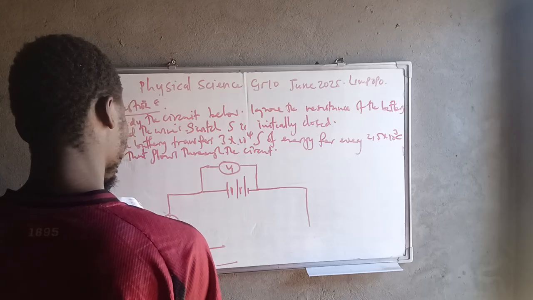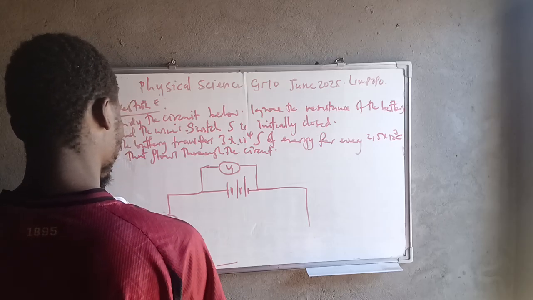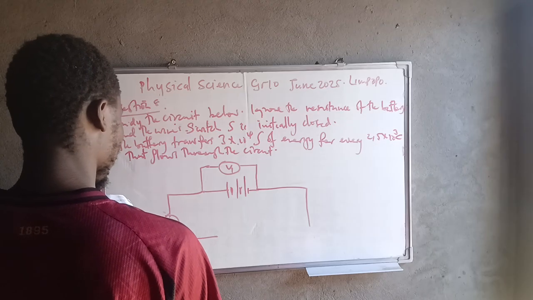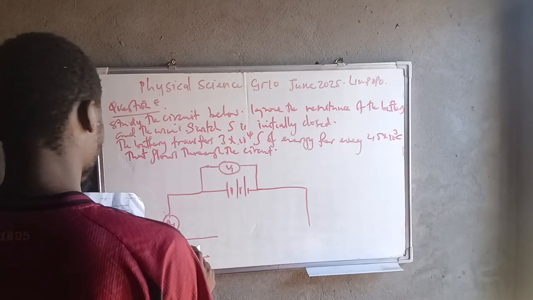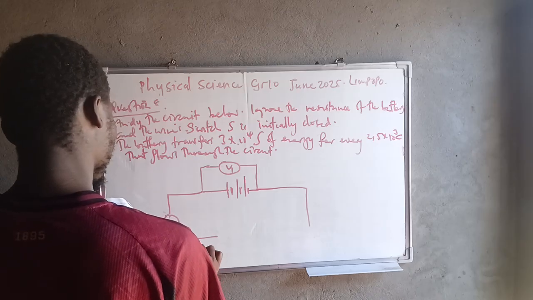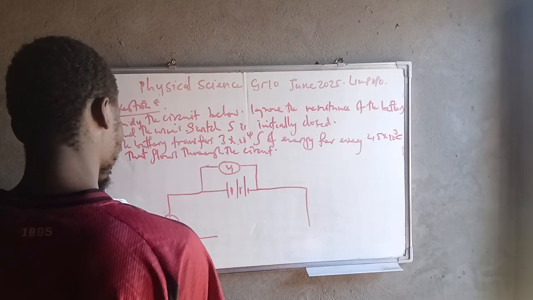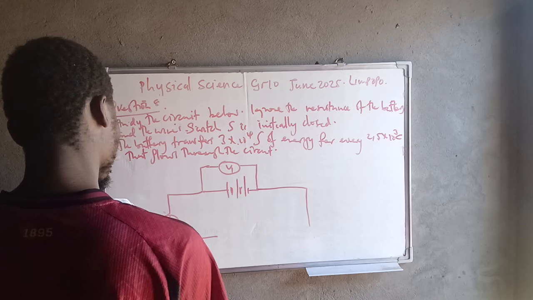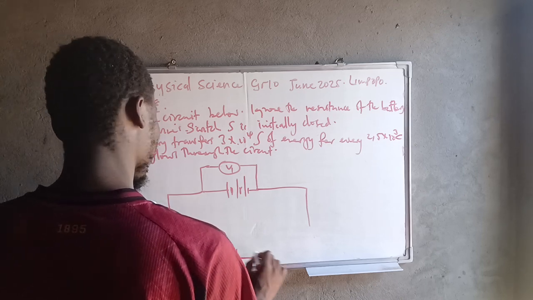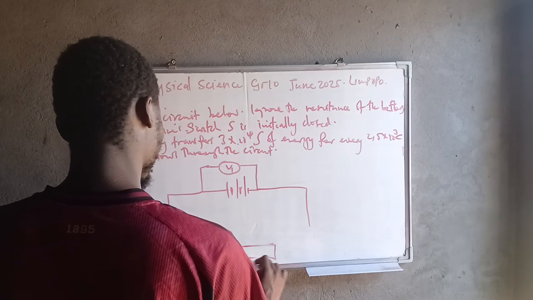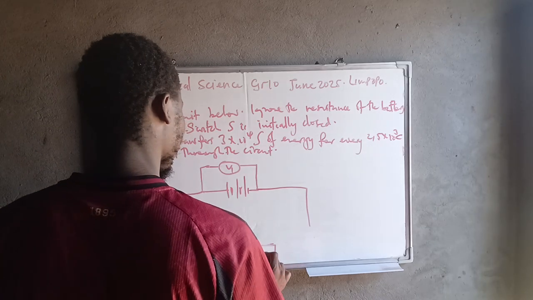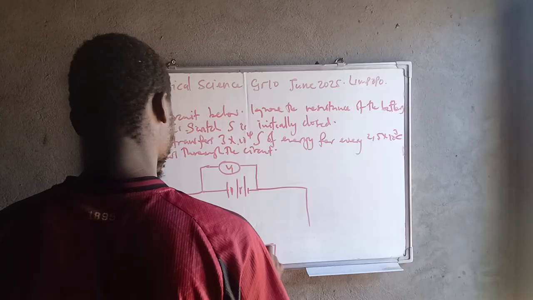Then so let me put this here and this one goes through somewhere there. So now this is A2. Now we are having A3. Then you're having a resistance of 4 ohms here.